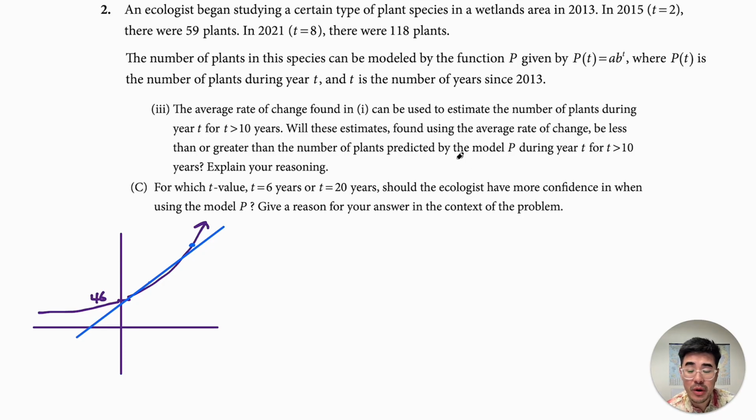So for years greater than 10, our slope that we use to calculate would be an underestimate. So there's a couple ways you can explain this. One way you could explain it is by saying because the graph is concave up, or because the rate is increasing, the linear approximation would be an underestimate.